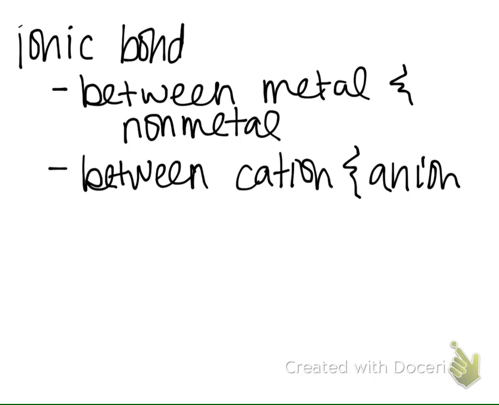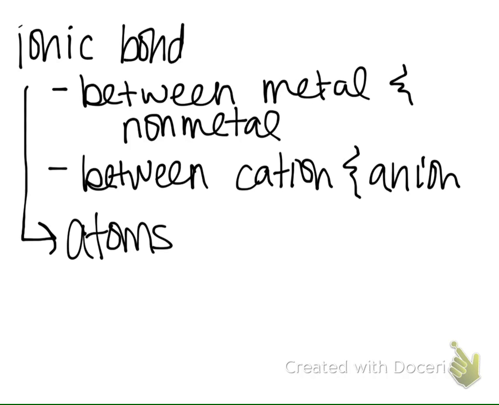What's different about an ionic bond is that this is a bond where electrons are traded. Atoms completely give up their electrons to another element.